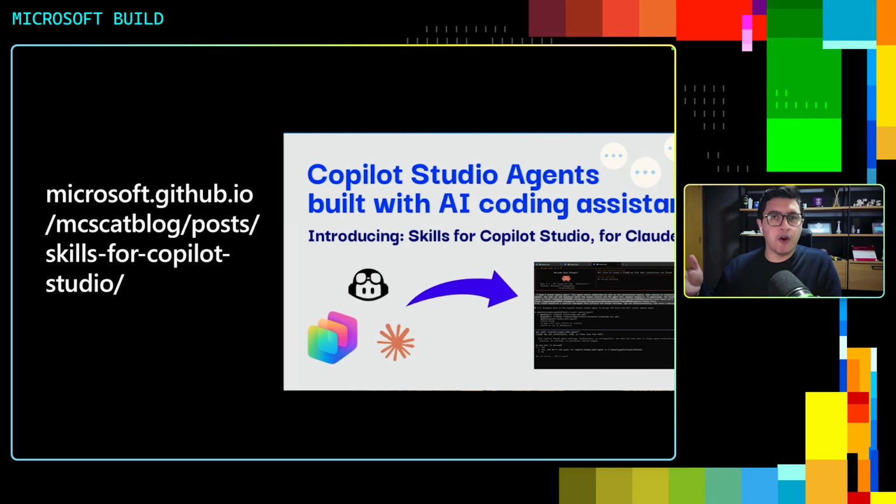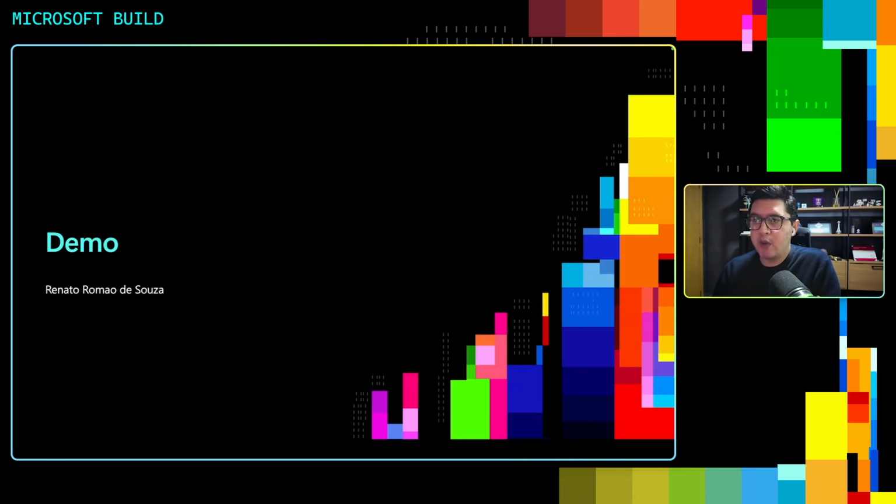If you want to search for Power Automate workflow skills and Power Apps skills, we have a lot of information, and the Microsoft team is working hard to make sure that the skills follow best practices, and everything can be created by using AI. On this website, you have step-by-step how to implement your AI agents with Claude Code or GitHub Copilot CLI as well. So let's go to our demo.